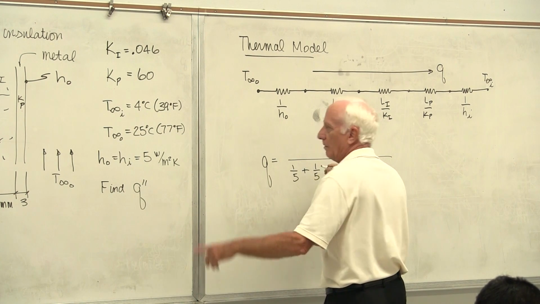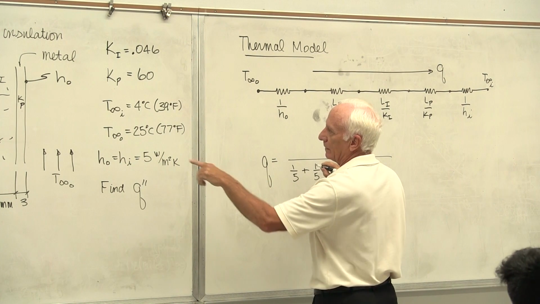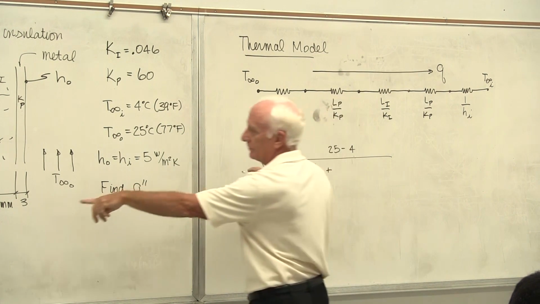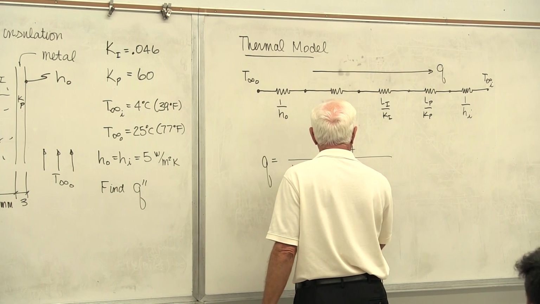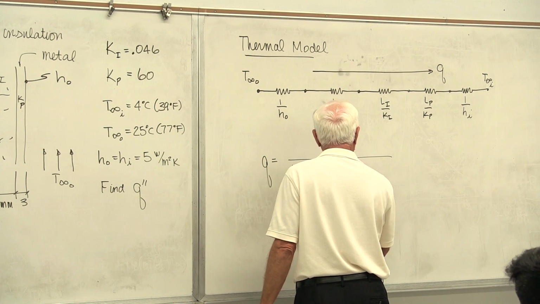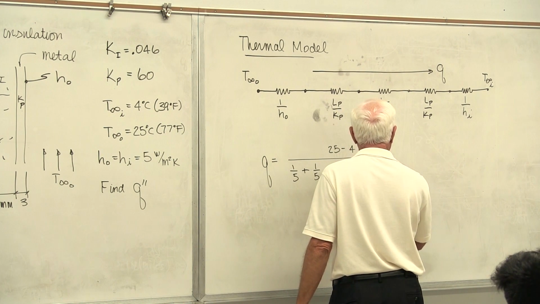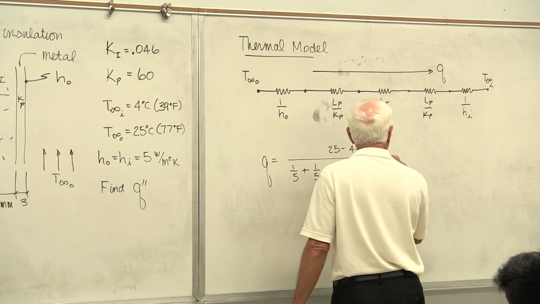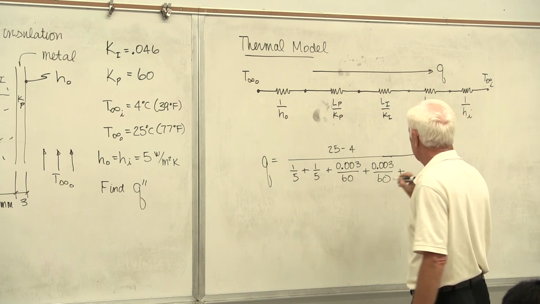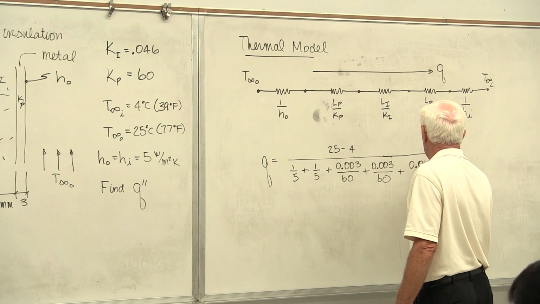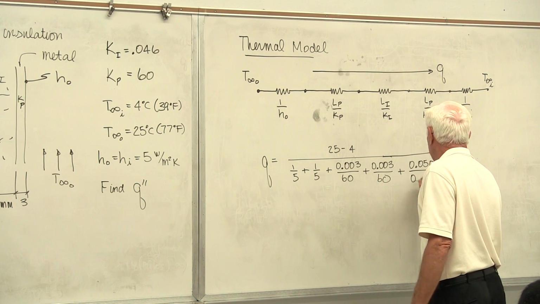Let's go through the metal panel, LP over KP. LP is 3 millimeters, KP is 60. 3 millimeters divided by 60. Plus the resistance of the insulation, the thickness of the insulation, 50 millimeters, divided by K insulation, 0.046.